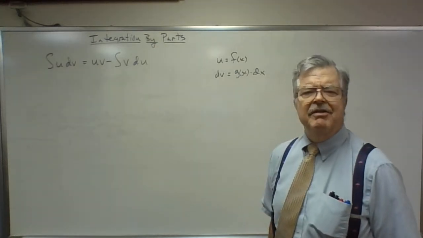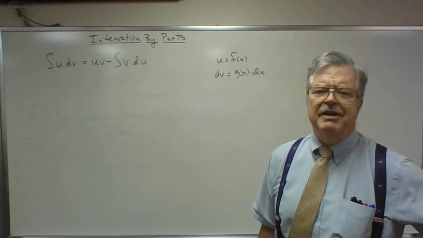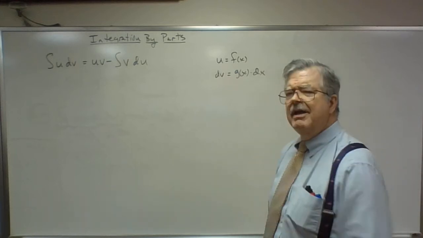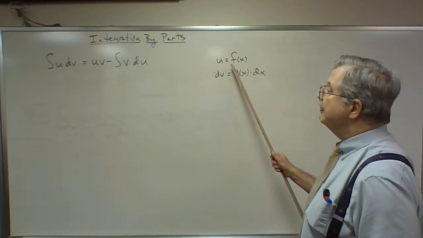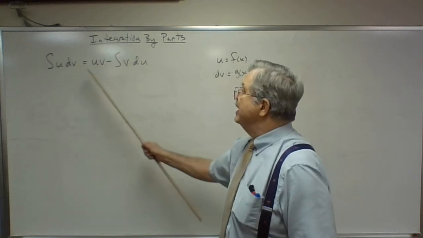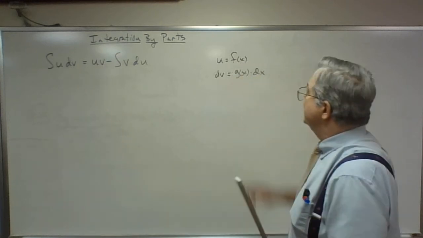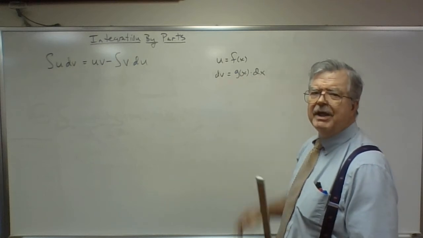The integral of u dv is equal to uv minus the integral of v du. We need to have that memorized. And u is some function of x, and dv is some other function of x times dx. That's the way it works out.